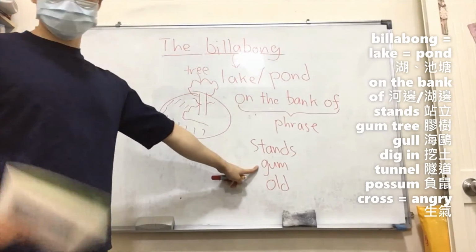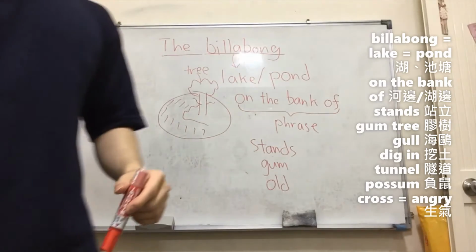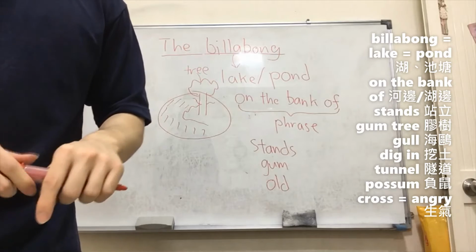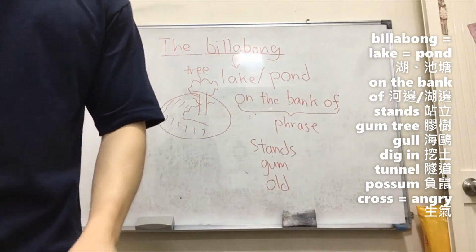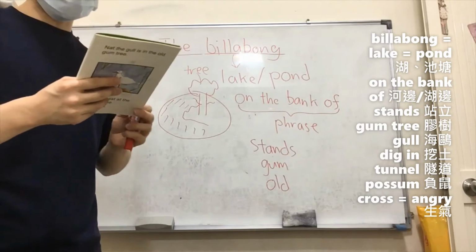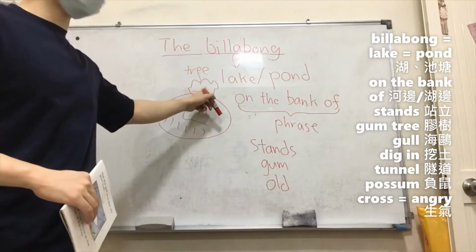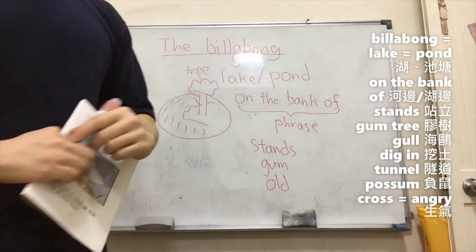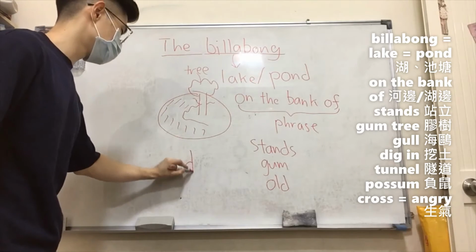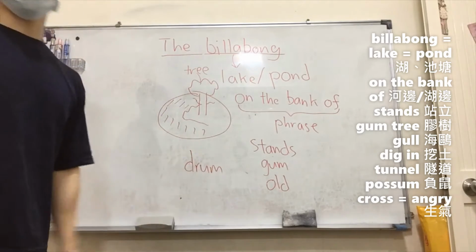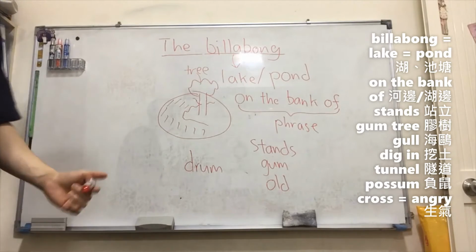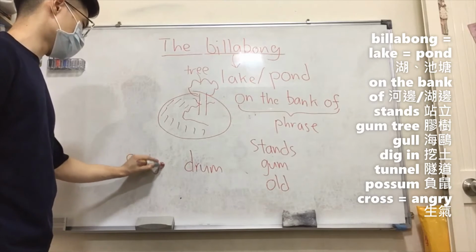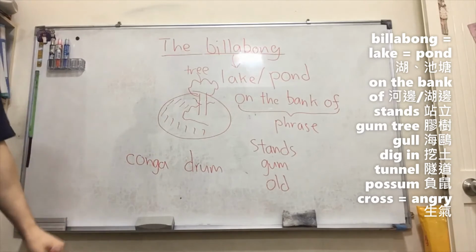Now what is a gum tree? A gum tree is a type of tree that produces gum. It's a special type of tree. It is just like your, remember your drum, D-R-U-M, you have a special type of drum called the conga drum, C-O-N-G-A drum.